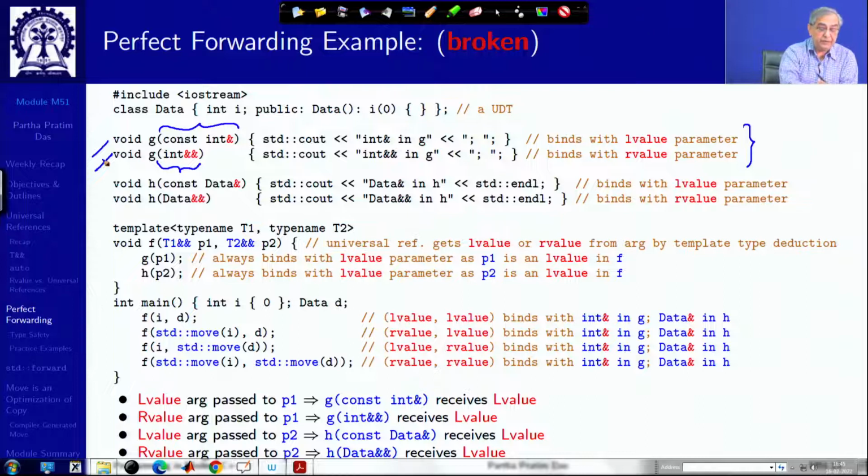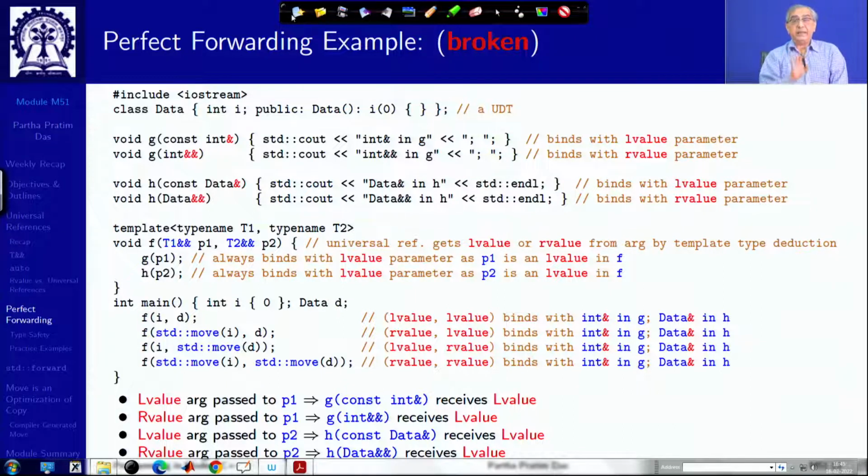Similarly, I have defined another arbitrary class data, and I have defined similar functions, one with an L value parameter and another with an R value parameter for this user defined type data, and I call this h. This is just to show that the behavior is the same for the built-in type as well as for the user defined type. In terms of f, h is passed the parameter p2. Right? This is the scenario.